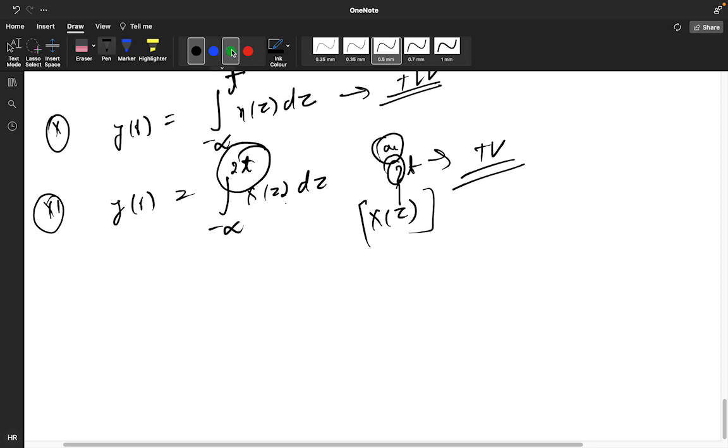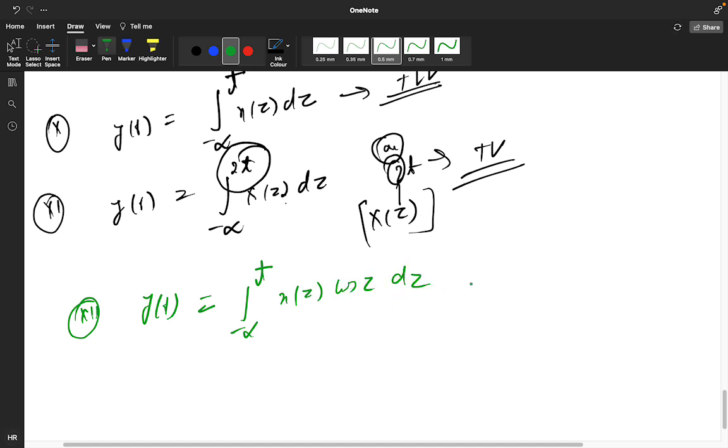Now if you have a question like this, y of t equals integral from minus infinity to t of x of tau cos tau d tau, will it be time variant or time invariant?